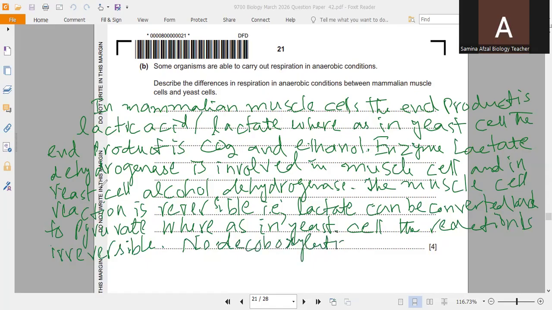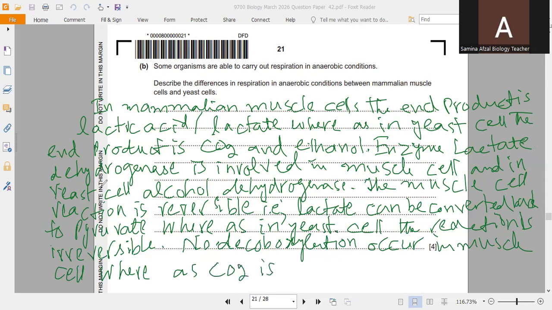Decarboxylation does not occur in muscle cell, whereas in yeast decarboxylation, carbon dioxide is released in the first step.